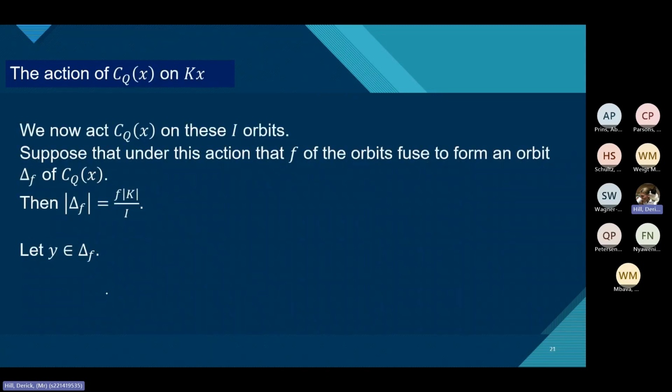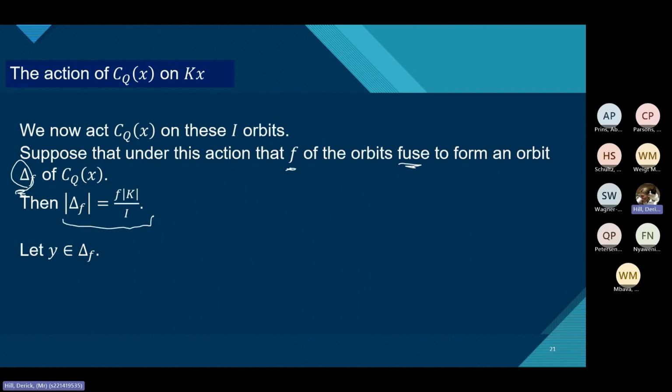Next, we consider the action of CQ(x) on Kx. So we are going to act CQ(x) on these orbits. This is the stabilizer of x in Q, which is the centralizer of the conjugacy class of x. Under this action, we suppose that f of the orbits, Q1, Q2, etc., form an orbit Δf. So f of them fuse together and form this Δf.